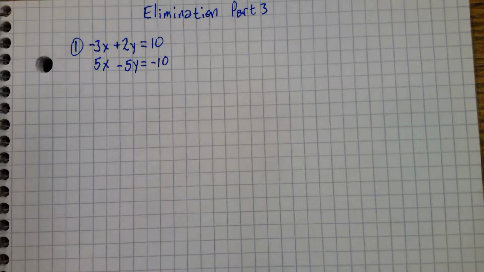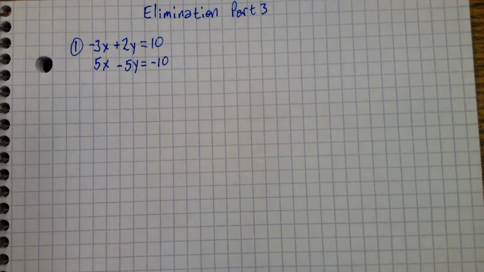10. So this is one of those where we have to multiply both equations by some factor, because that's the only way we're going to find something. So we either want 15s for x, negative 15 and positive 15, or we want 10s for y, positive 10 and negative 10. Which one do you want, 15 or 10? 10, of course.